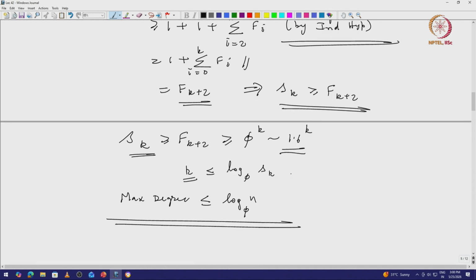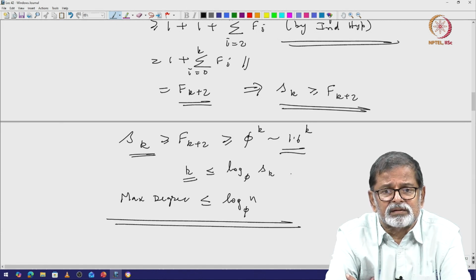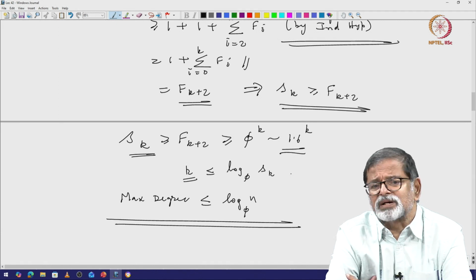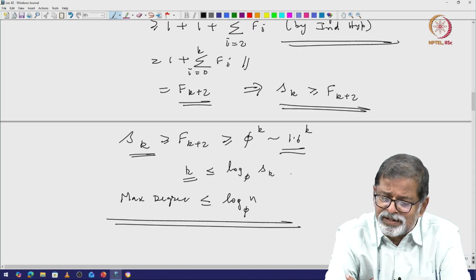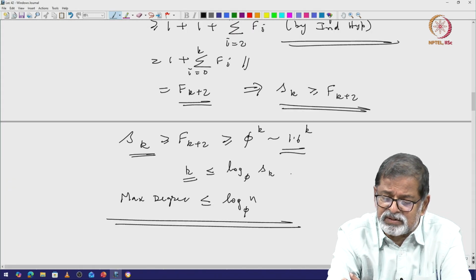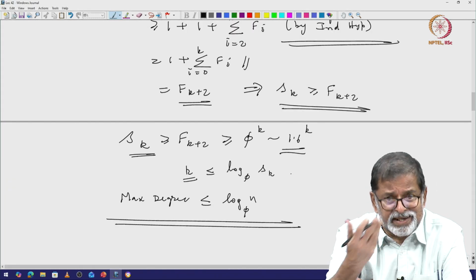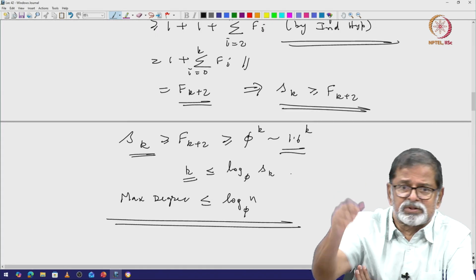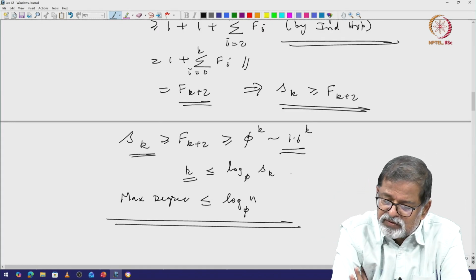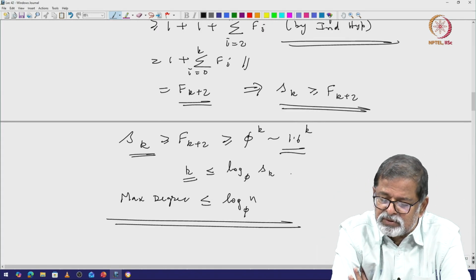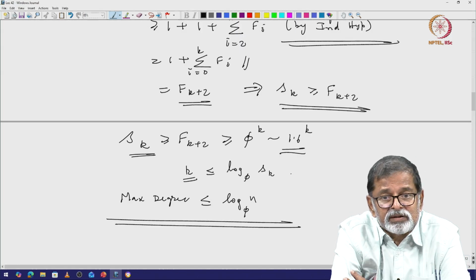So if k is the degree, then it has at least Sk nodes. It can have a maximum of n nodes. So what can be the maximum value of k? K is less than or equal to log Sk. The maximum value of Sk is n. All nodes can be in the tree. Therefore, k is less than or equal to log n.